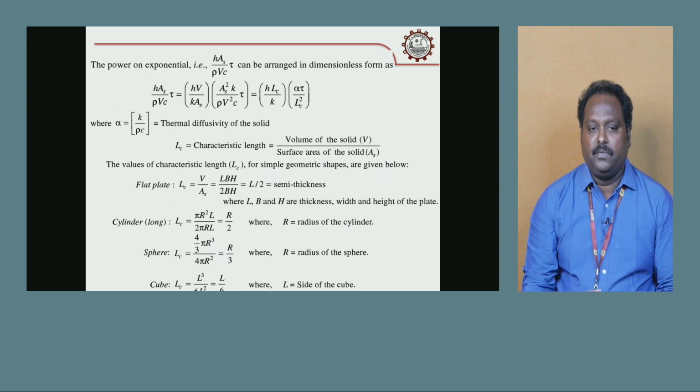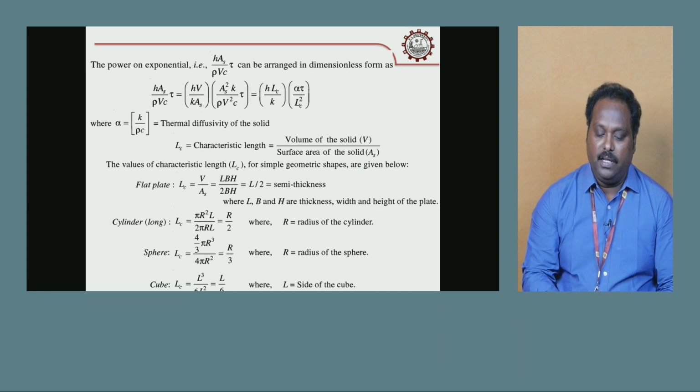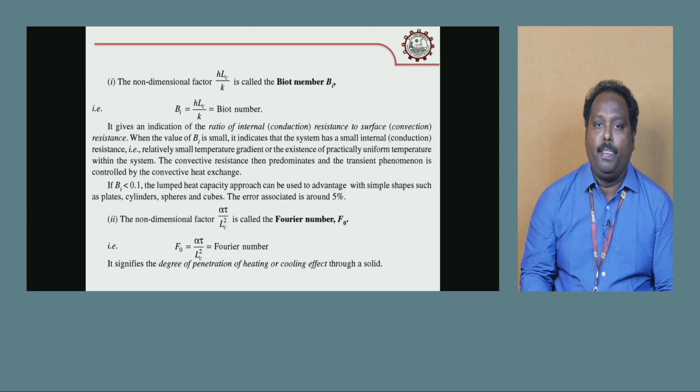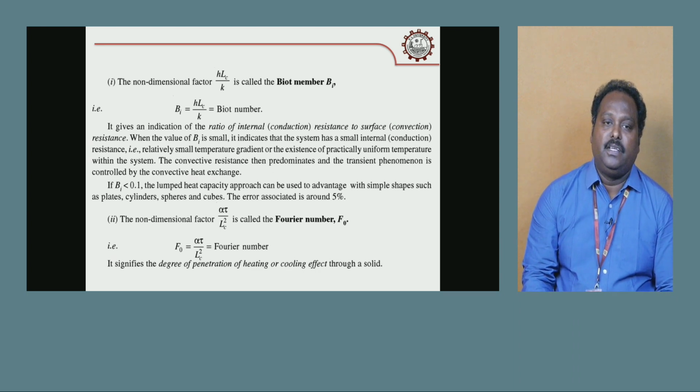Now for a cube, volume is L cube, surface area is L square into 6 faces, right? So it becomes L by 6. L by 6 is the characteristic length.